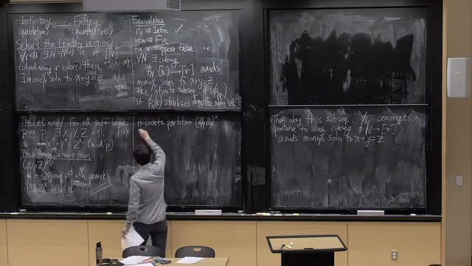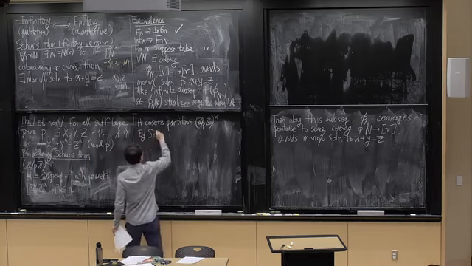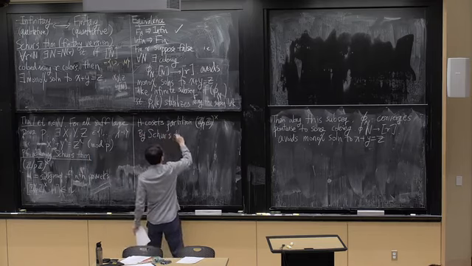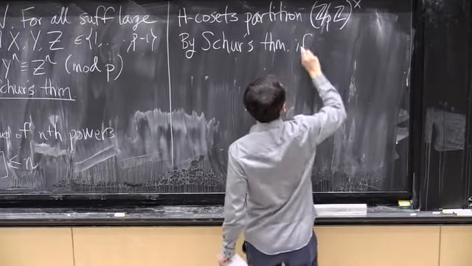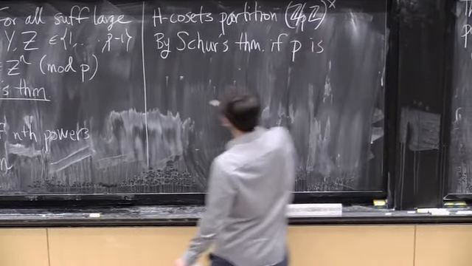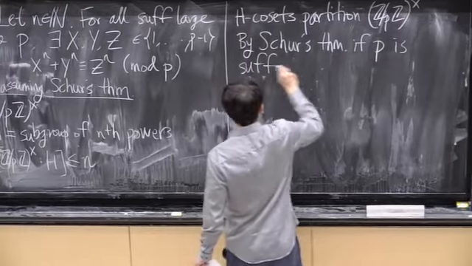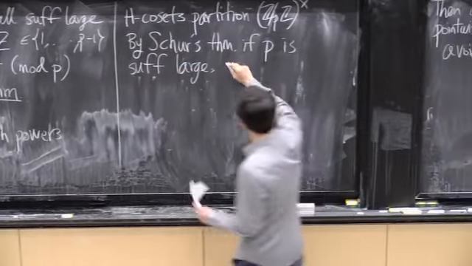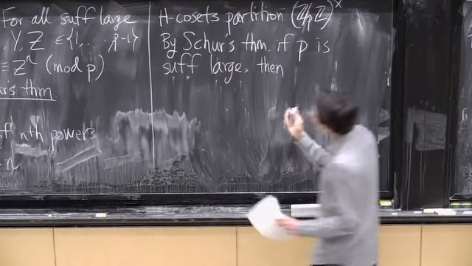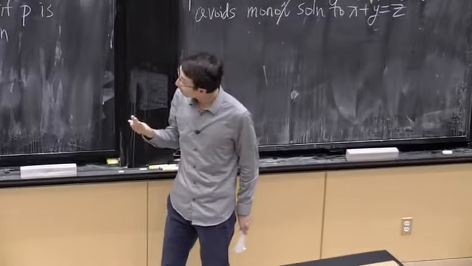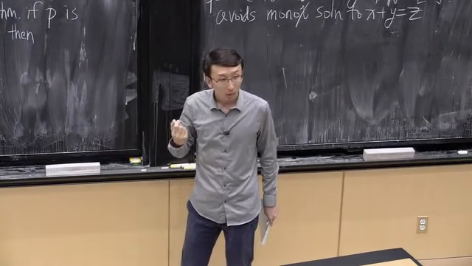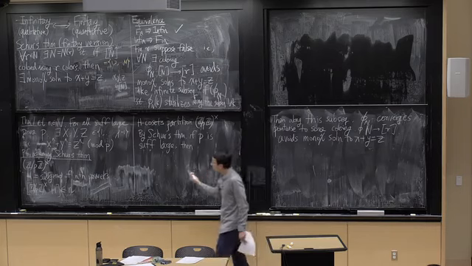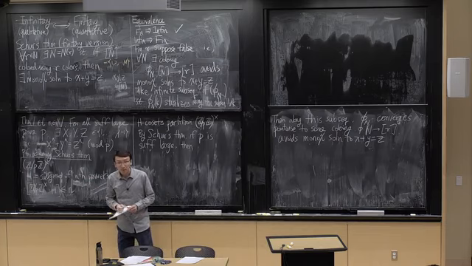So by Schur's theorem, if p is sufficiently large, then one of my cosets should contain a solution to x plus y equals z.